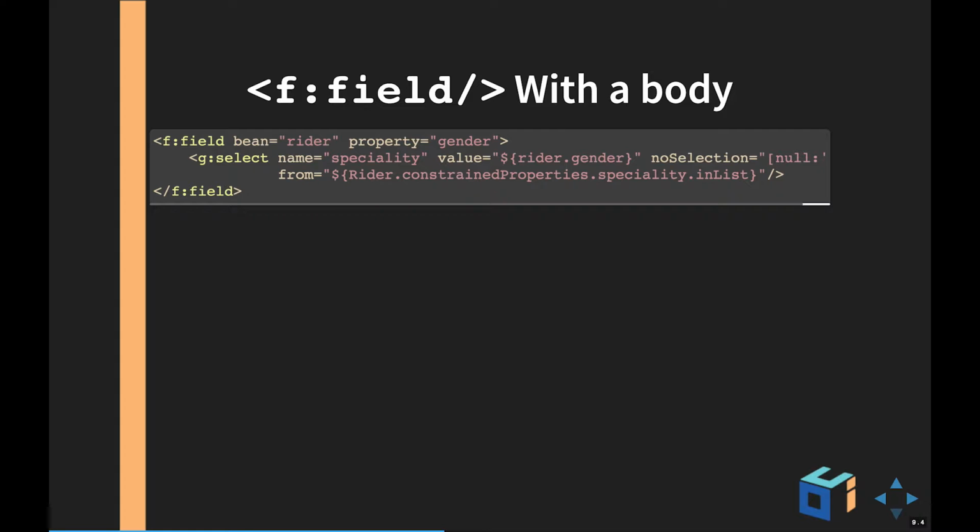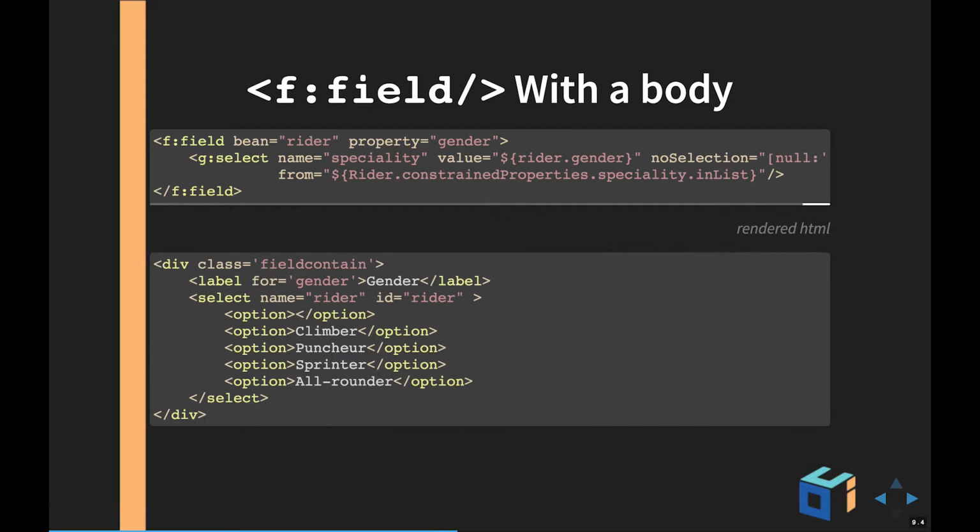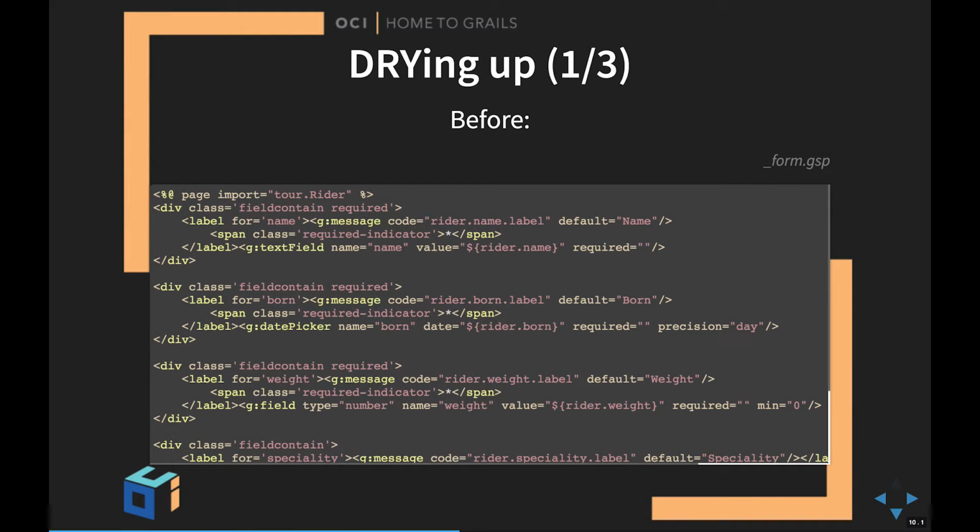We can also, with the field, make our own body. We don't have to rely on the body that the widget renders by default. So that will simply be inserting whatever HTML or GSP tags that we wish here, and we'll get the same output as we would have if we let the field plugin decide itself.